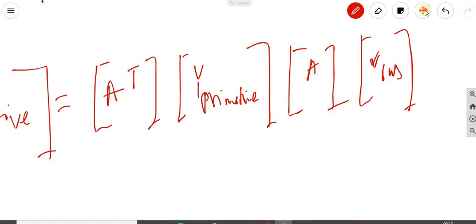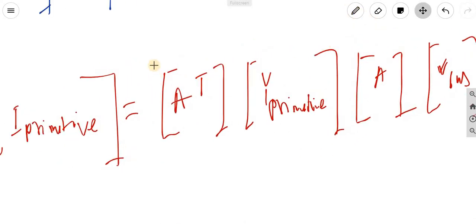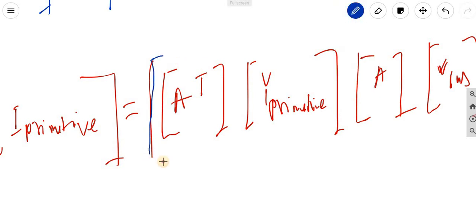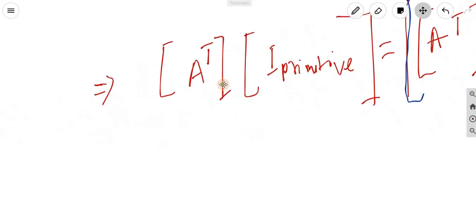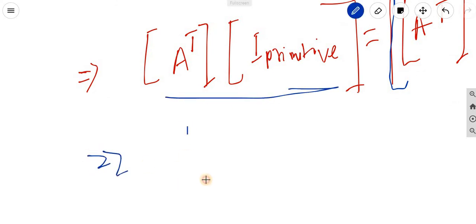So if it is like that, now if we see this matrix, this overall matrix, and this matrix, ultimately what we could put, this matrix would be the I injection.